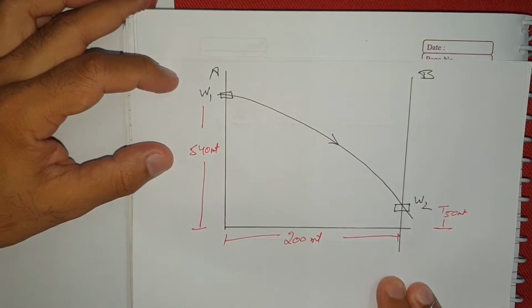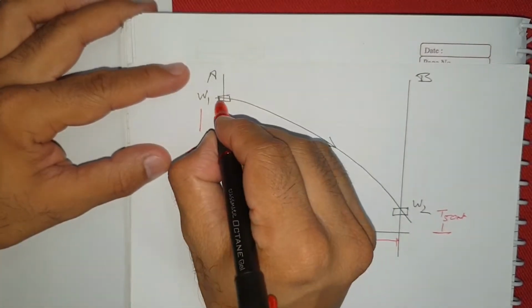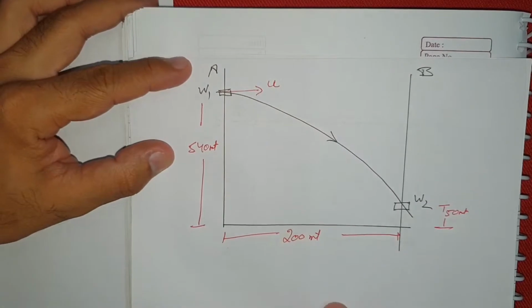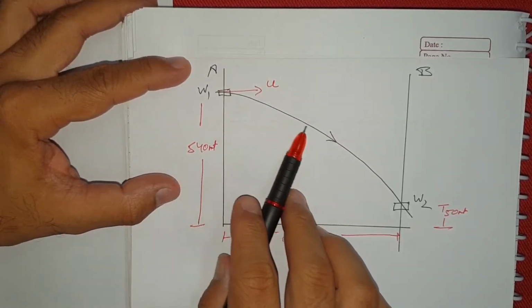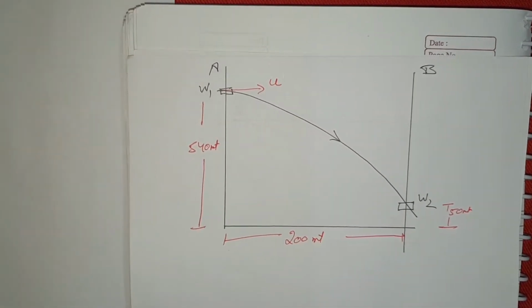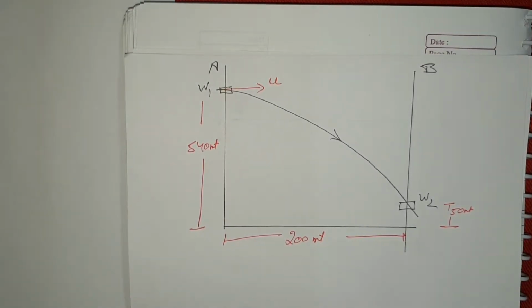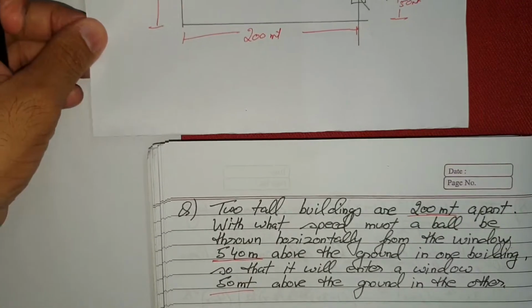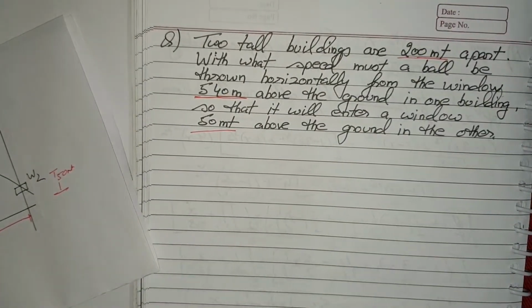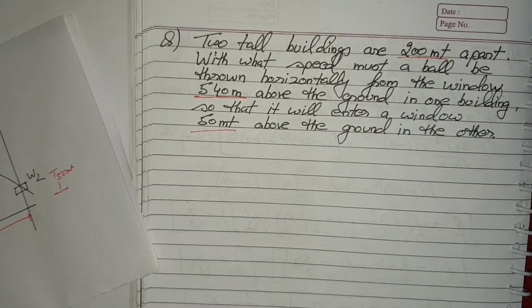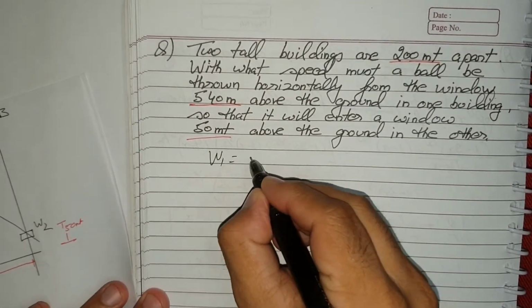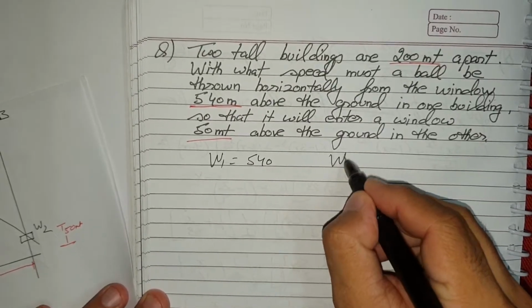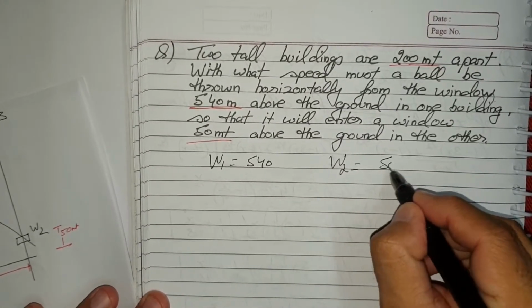Okay. Now the ball is thrown horizontally. So basically this is the initial velocity of the ball, but the initial vertical velocity, the downward vertical velocity, is 0. So it goes like this and enters the second window. Now we know that the height of W1 was 540 meter and W2 is 50 meter.